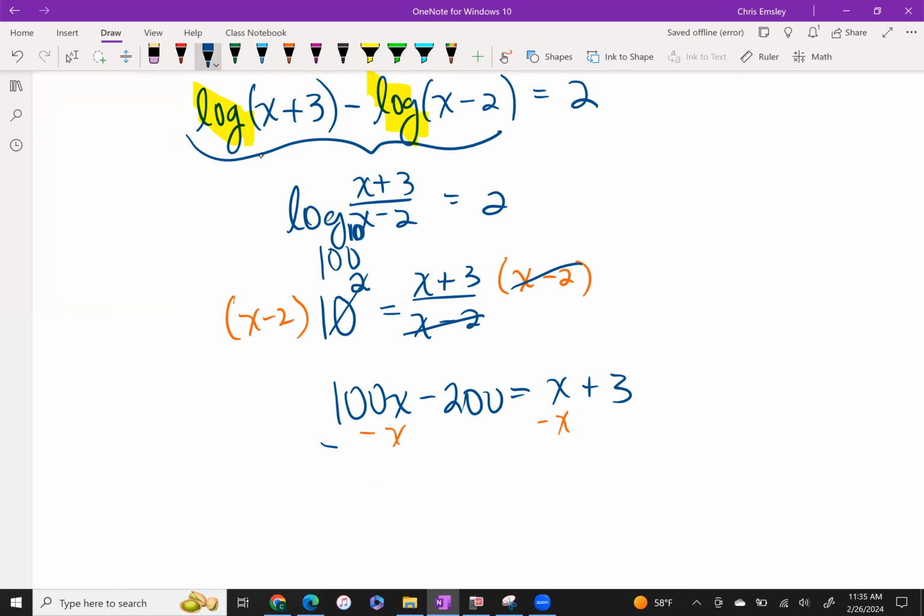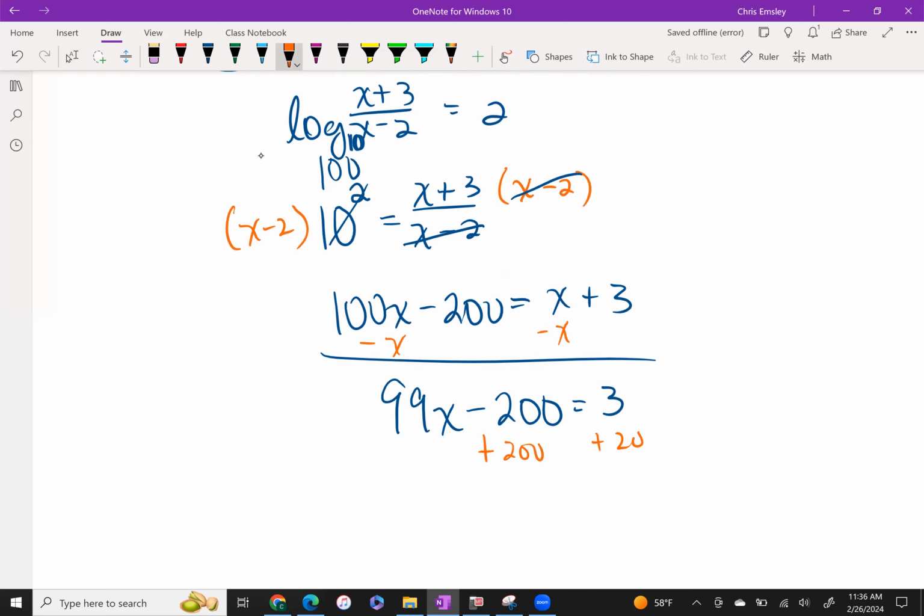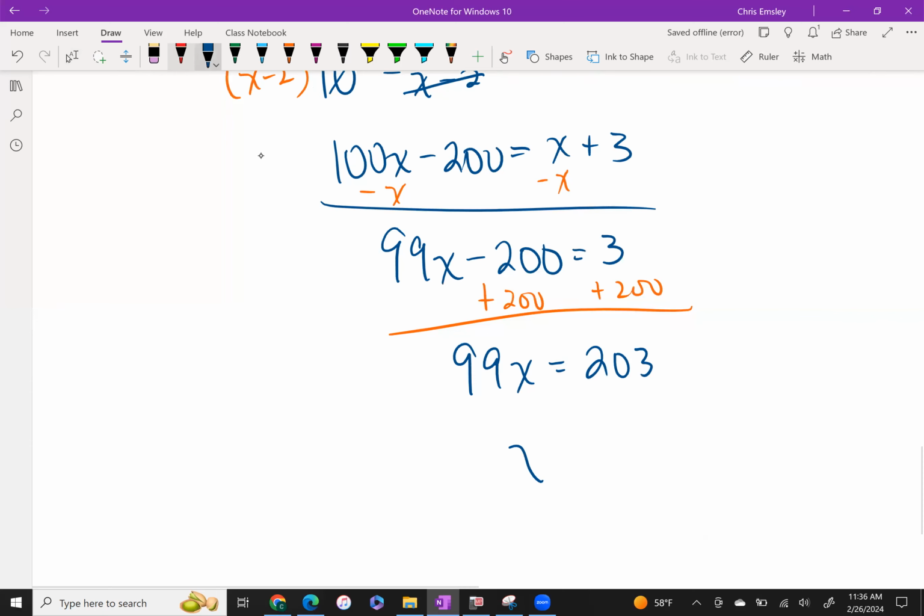We get 99x. And then we'll add that 200 to both sides. So now we have 99x equals 203. Divide both sides by 99. And there is our final answer, 203 over 99.